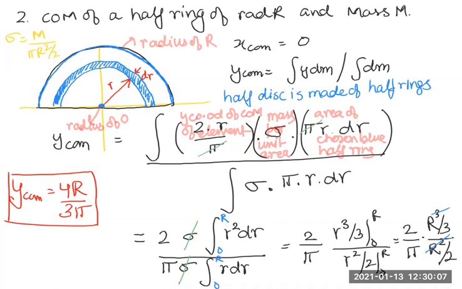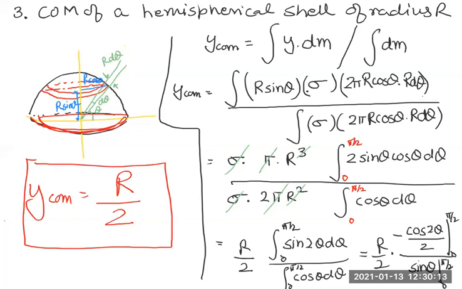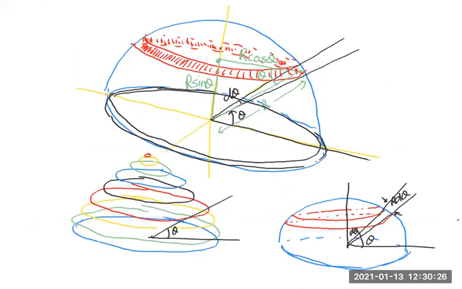HCV में anyways question है इसके. Then we found the center of mass of a spherical shell. Please take a screenshot. So this thing, please take a screenshot of this, is to be added to the second slide.